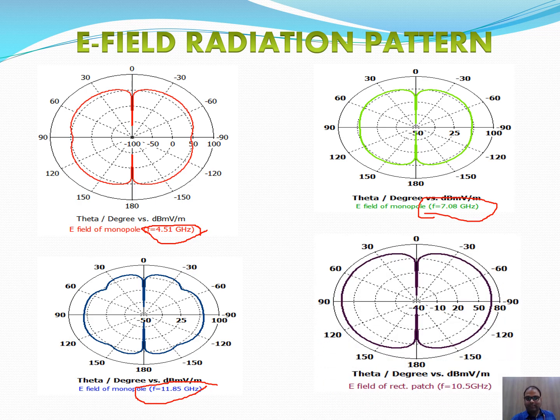The second one I am showing here is the theta value of the narrowband antenna. In the narrowband antenna, I have taken the theta value at 10.5, and here also I have taken it at 10.5.